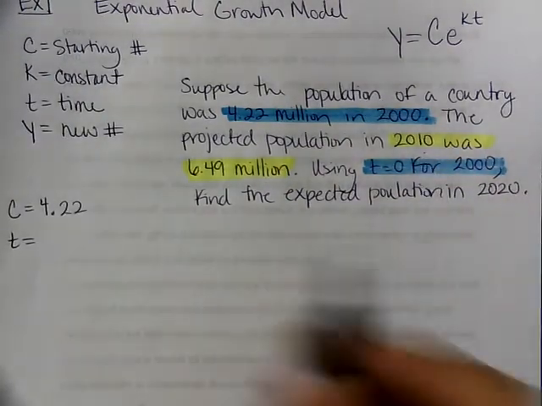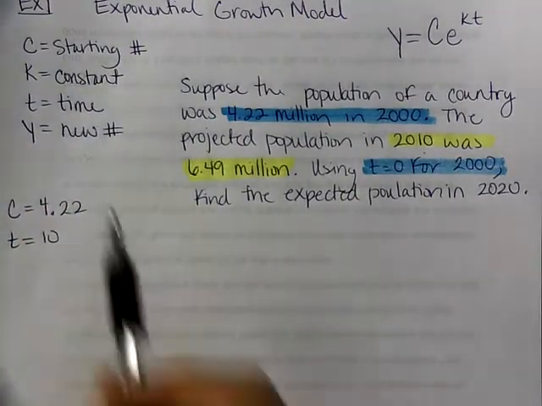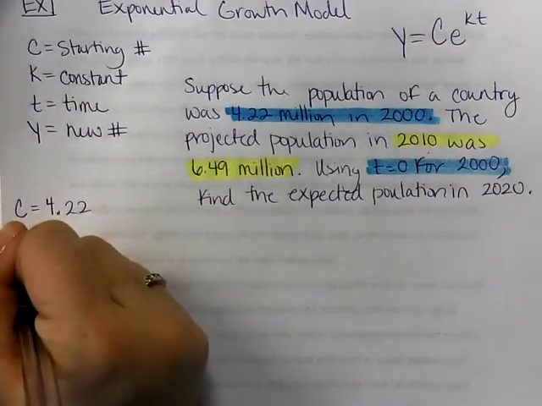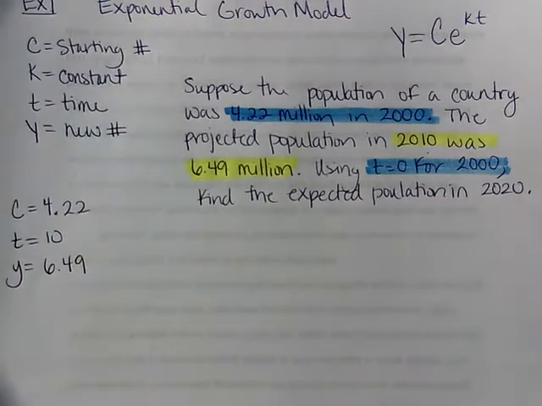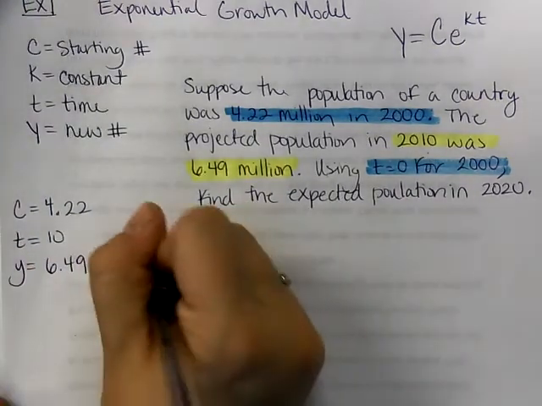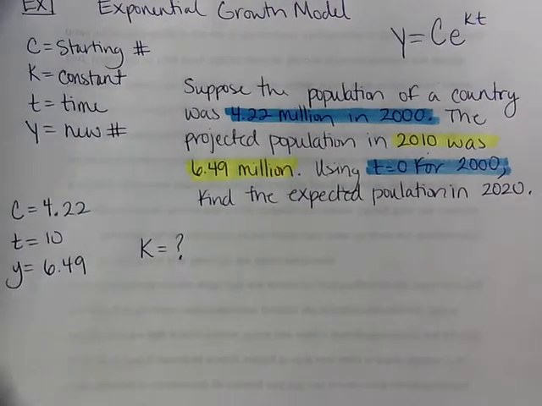And after those 10 years have passed, don't I know the new population? The new population was 6.49 million. So I know Y. The only thing I don't know is K. So K is what I'm trying to find.